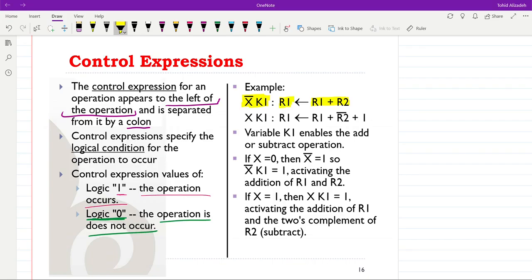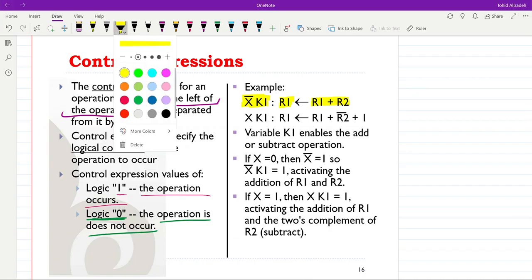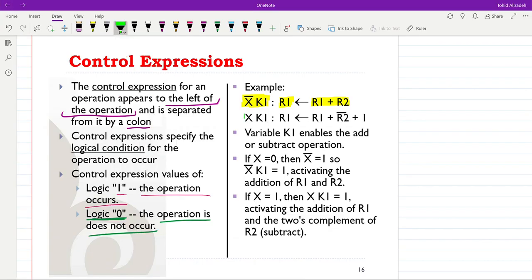On the other hand, if we have x and k1 equal to 1, meaning that both of them are equal to 1, then R1 will be added to the complement of R2 plus 1, and this is, as you should know, giving us the subtraction.